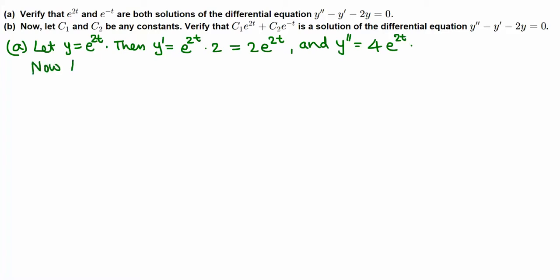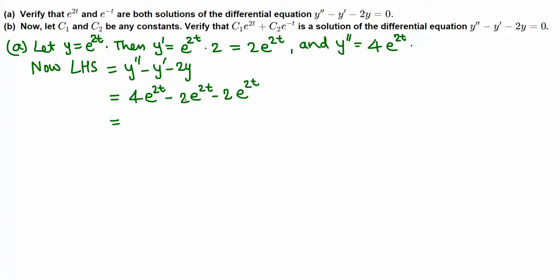Now the left hand side of the differential equation is y double prime minus y prime minus 2y, which is: y double prime is 4 e raised to 2t, minus y prime, that's 2 e to the 2t, minus 2 times y, which is e raised to 2t.